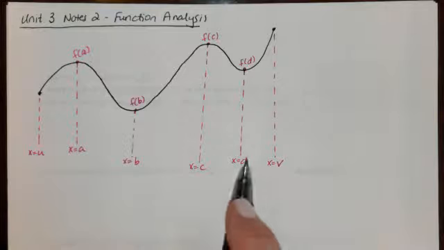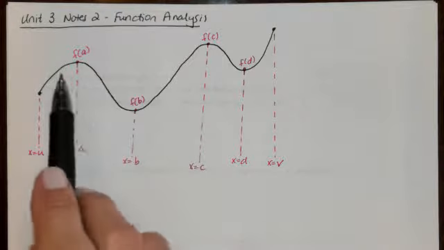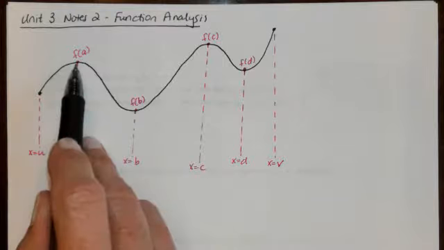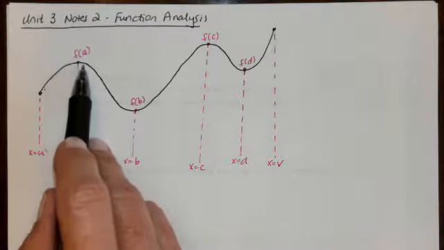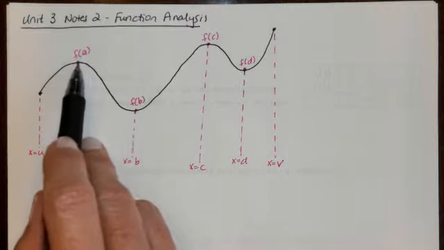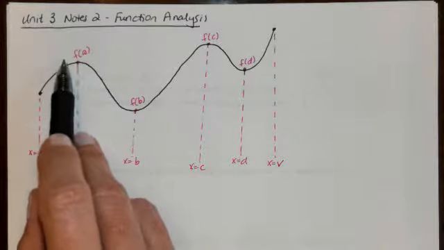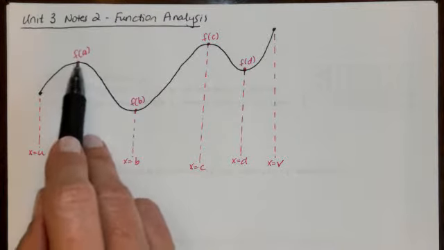A relative maximum is a place where, like, this is a point where we have a relative maximum of this function, and it is so because there is an interval surrounding it where this y value is the highest value.